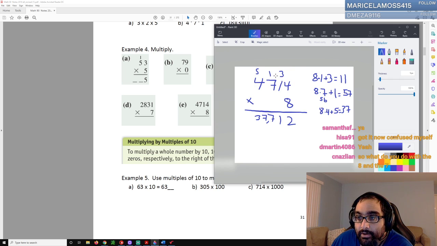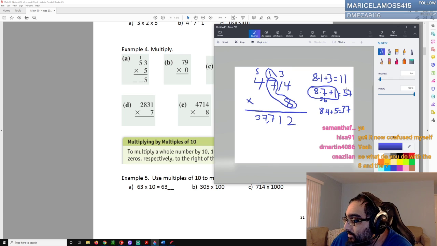Going from right to left, I take the 8 times 7, and then I add the 1 that I brought over from the previous part. And then there you go. That's where I get the 57 from, to bring the 5 over to the next column to the left.